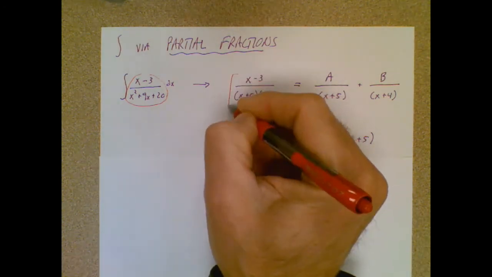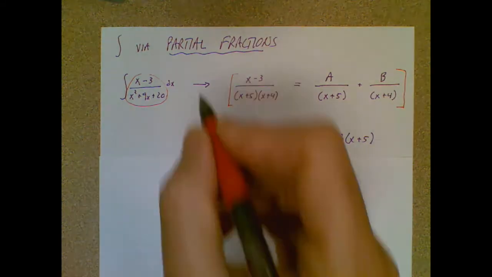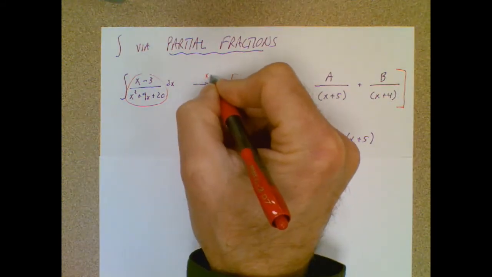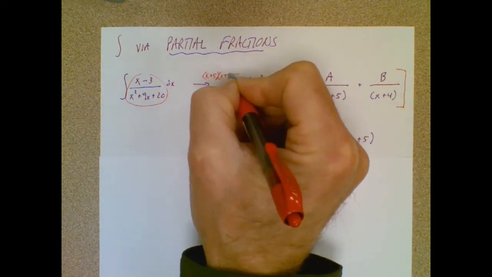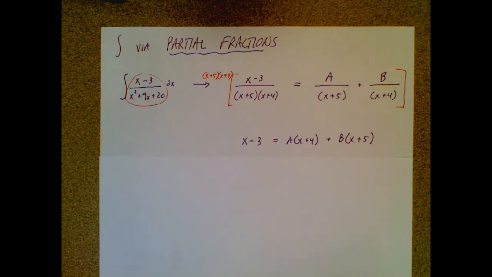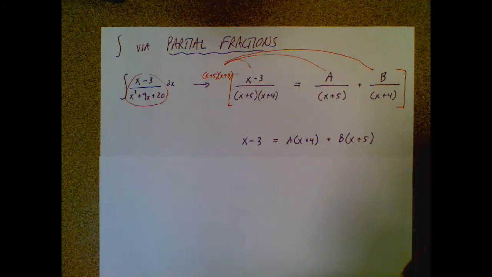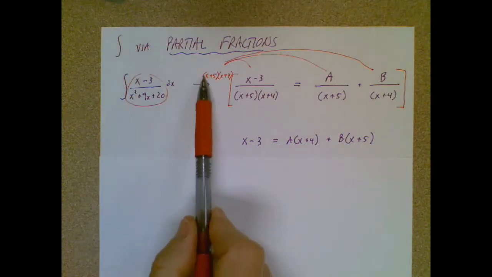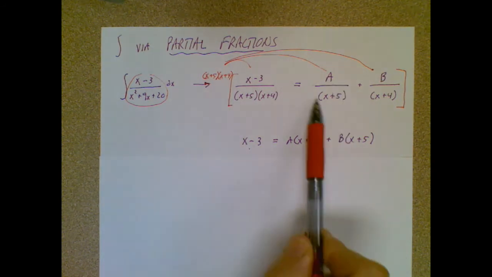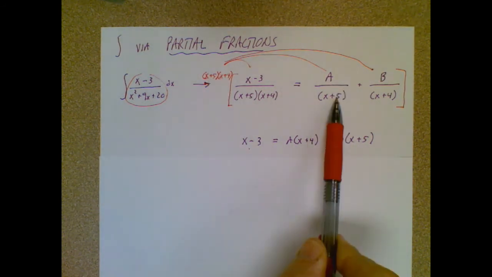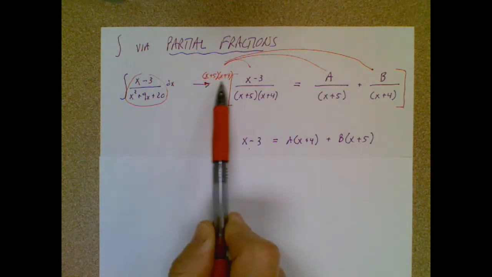Well, if I view this as one huge equation and I multiply through both sides by x plus 5, x plus 4. Now remember, when I multiply an equation by something, it has to go to all terms. Well, when I do that, this cancels with that. When this multiplies by this term, the x plus 5's cancel, leaving A times x plus 4.